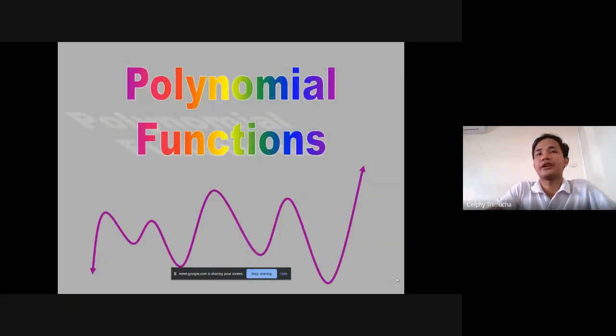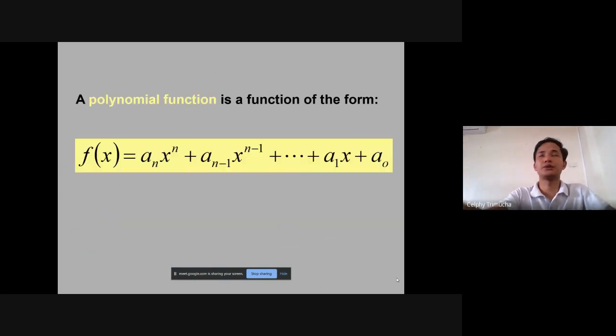Okay, so our area of focus or our concern now is on polynomial functions. So we were able to discuss the concepts of algebraic functions in our previous session, and our focus now is on polynomial functions.